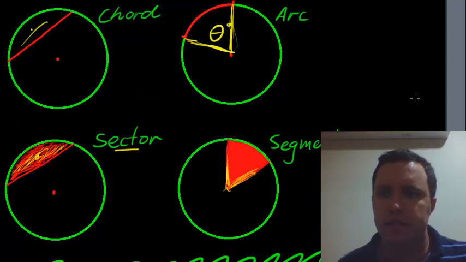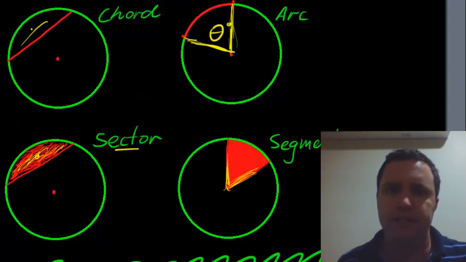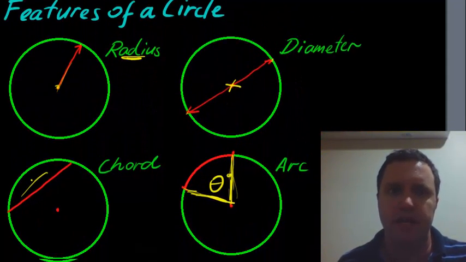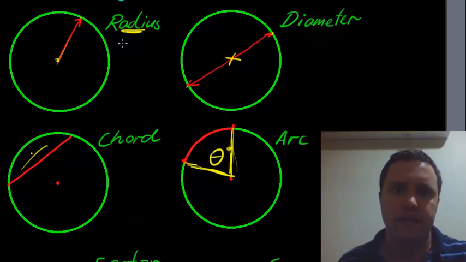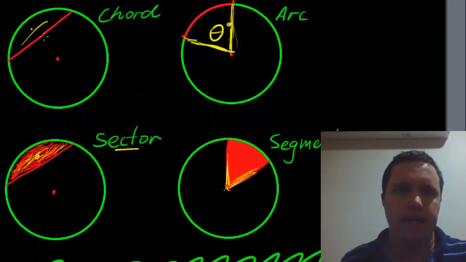So those are our basic little pieces of circles, just to see them again. We've got the radius and diameter, our number 1 and 2 that you really need to get a hold of. In fact, radius is the one you'll use more often than diameter, but you need to understand both. Then we had chord and arc.